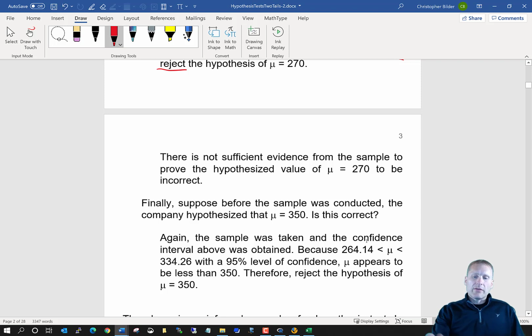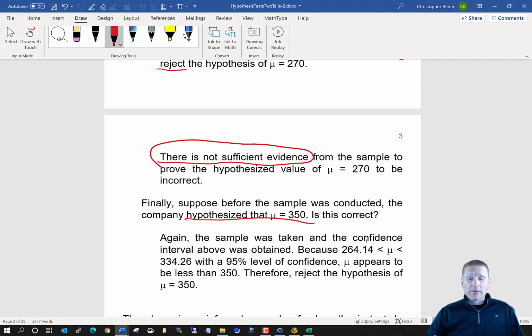So another way to phrase all this then is there's not sufficient evidence. And again, this is a key phrase here that you're going to see me use throughout. From the sample to prove the hypothesized value of mu equal 270 is incorrect. Now let's suppose that we hypothesize that mu is equal to 350. Is this correct? Well, the entire interval now is less than what we hypothesized mu to be.